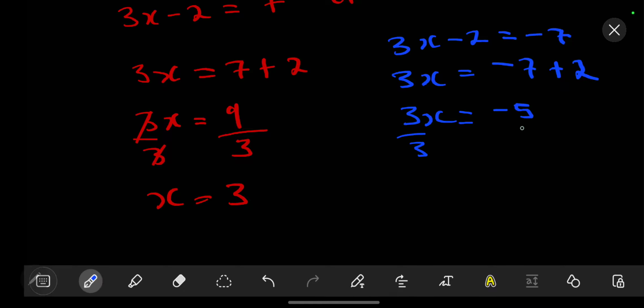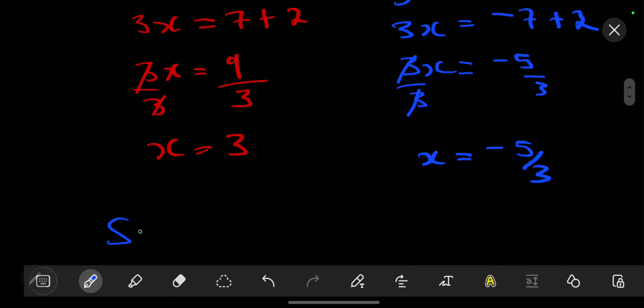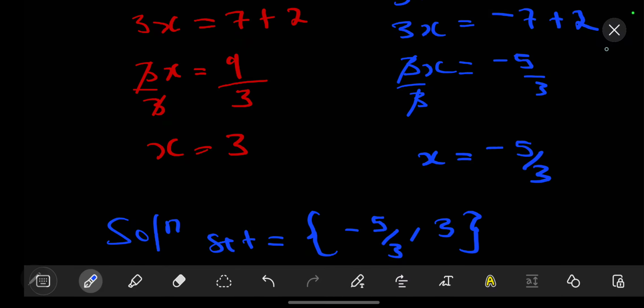Then we divide over 3 over 3. So our x value for this will be -5 over 3. We can conclude that the solution set is -5 over 3 and 3, just listing our solutions.